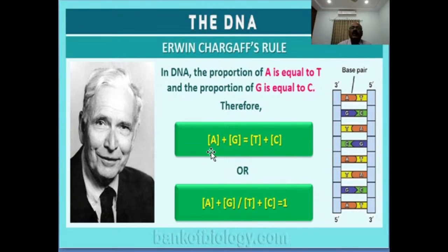So adenine is complementary with thymine, guanine is complementary with cytosine, so that adenine plus guanine equals thymine plus cytosine. This is proposed by Chargaff. That's why this rule is called the Chargaff principle. That means the number of purines is equal to the number of pyrimidines.